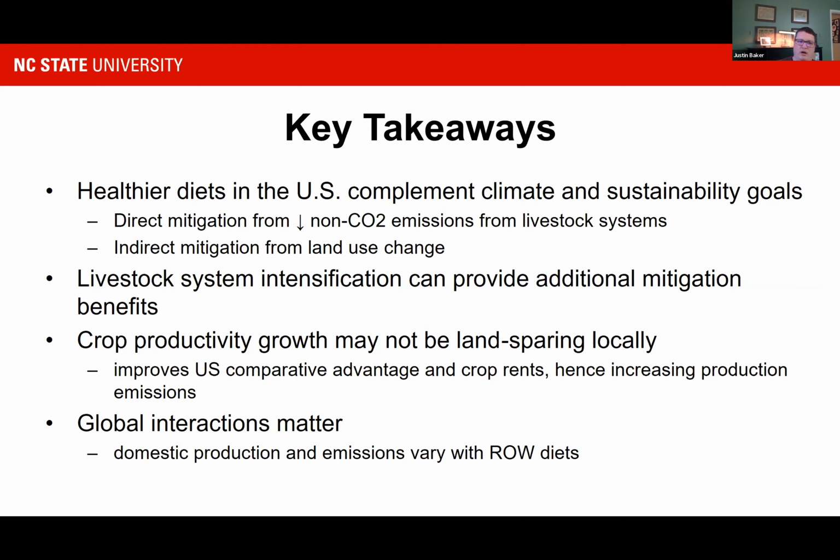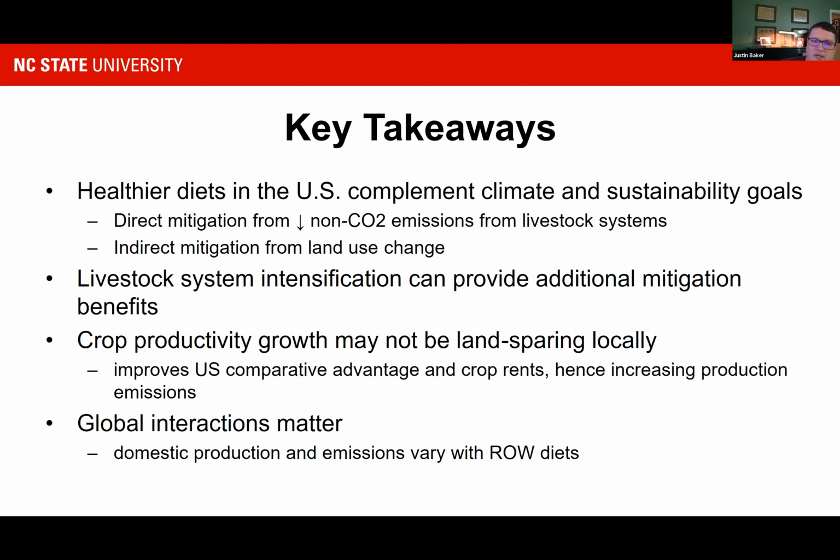This, however, is inconsistent with the results that we see in crop productivity growth. We were somewhat interested to see that productivity growth in the crop production sector is not necessarily land sparing and can actually increase emissions or increase the amount of land devoted to crop production.